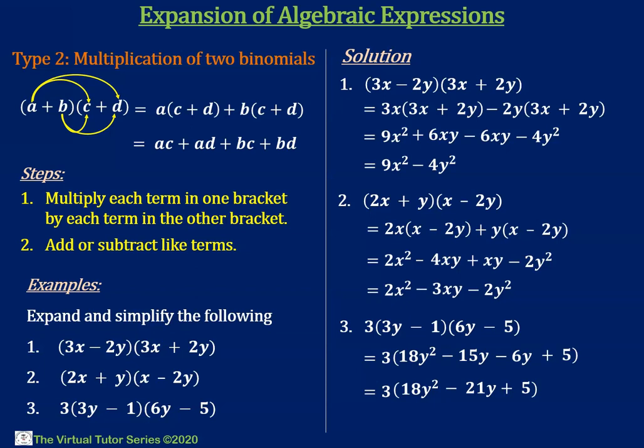At this point, we can distribute the factor over the terms in the bracket. So we have 3 times 18y squared to be 54y squared. 3 times negative 21y to be negative 63y. And 3 times 5 to be 15.